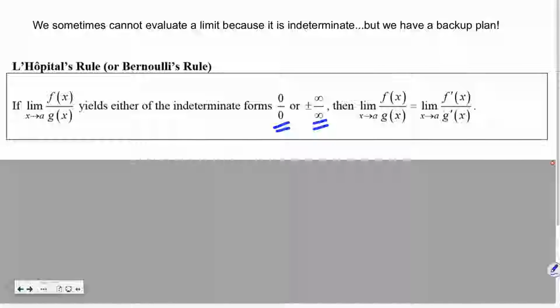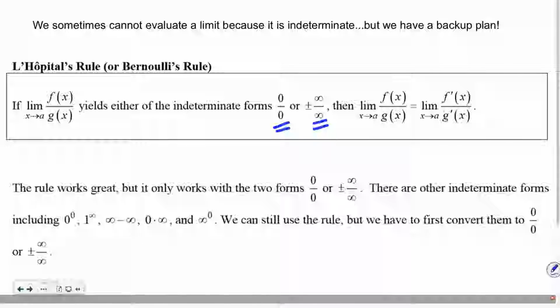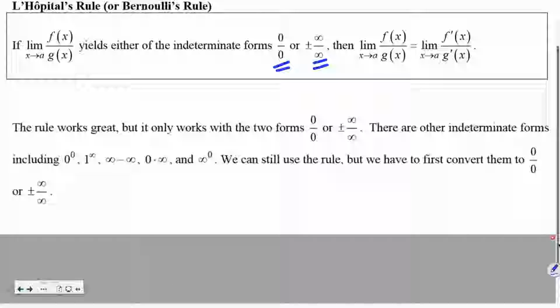However, there are other indeterminate forms. Just write them down, and we're not going to discuss them. 0 to the 0 power is indeterminate. 1 to the infinity is indeterminate. We're not going to work with those in this class. We'll save those for BC.